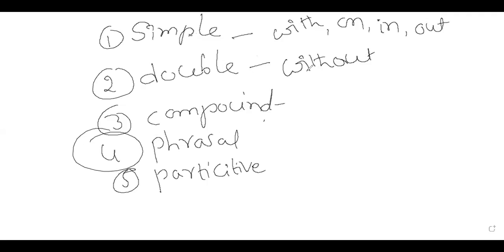The two prepositions together act as the double preposition without. Likewise, a compound preposition need not be two prepositions together. There could be, for example, point of, in spite of.